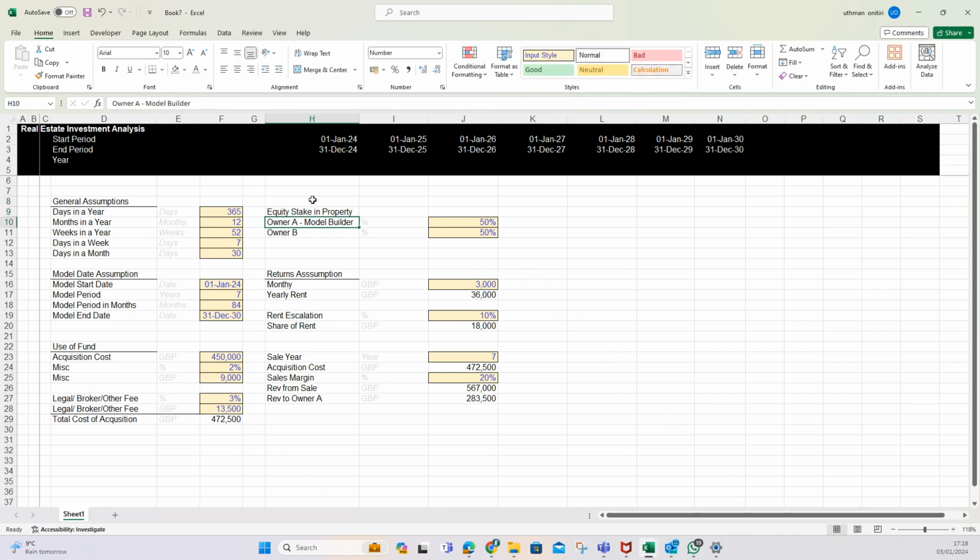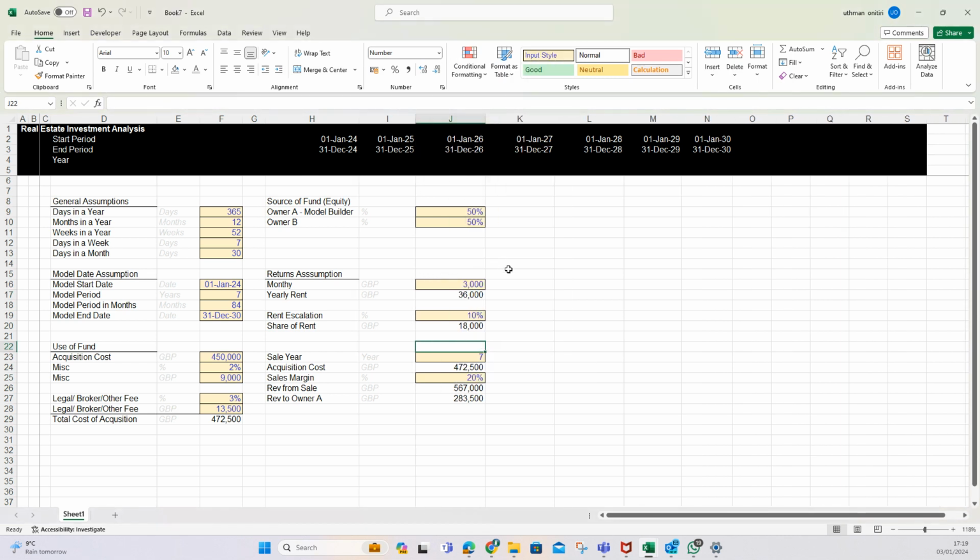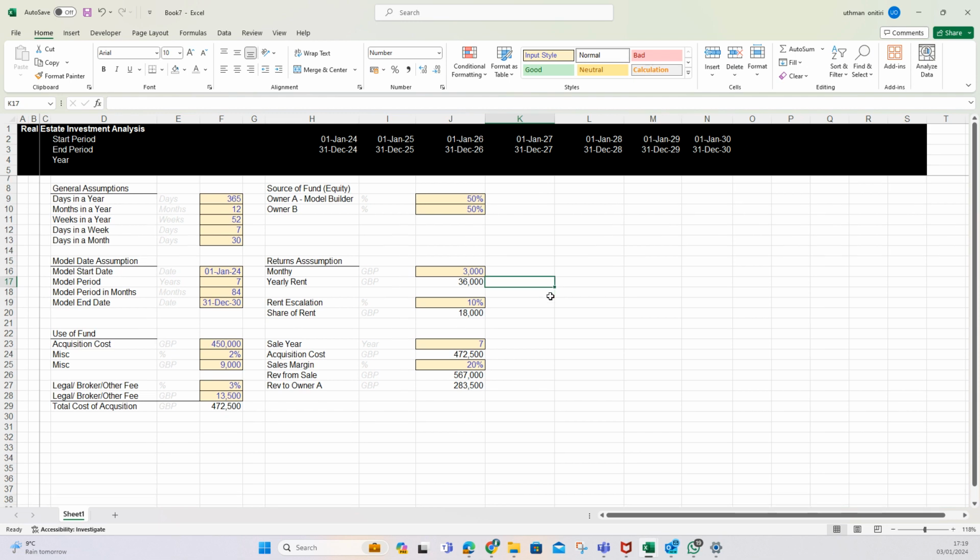I'm going to rename this as my source of fund. Perfect. Just going to adjust this a bit.